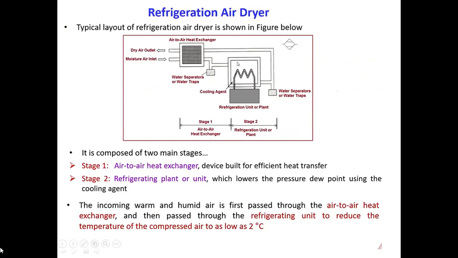Stage 2, refrigerating plant or unit, which lowers the pressure dew point using the cooling agent. The incoming warm and humid air is first passed through the air-to-air heat exchanger and then passed through the refrigerating unit to reduce the temperature of compressed air to as low as 2 degrees.